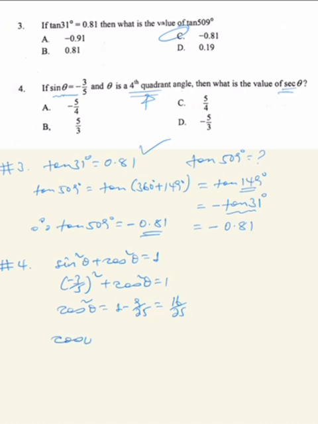So cos theta is plus or minus 4 over 5. Again, theta is in the fourth quadrant, and in the fourth quadrant cosine is positive, so cos theta is positive 4 over 5. If cos theta is 4 over 5, sec theta, the reciprocal of cos, is 5 over 4. Therefore the answer for question number 4 will be C.